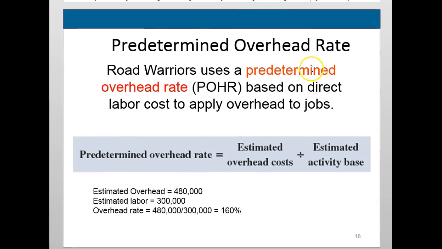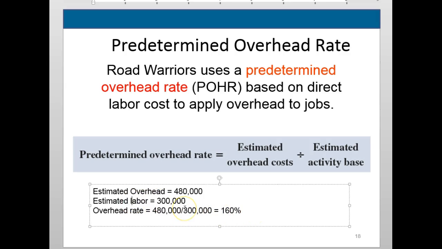So to determine a predetermined overhead rate, you estimate what you think your overhead costs are going to be. Then you select something like labor, and you say, well, I think our direct labor is going to be X amount. We always know what the labor is, usually, at that date. Then I need some way to compare those two, so I get a ratio, or a rate.